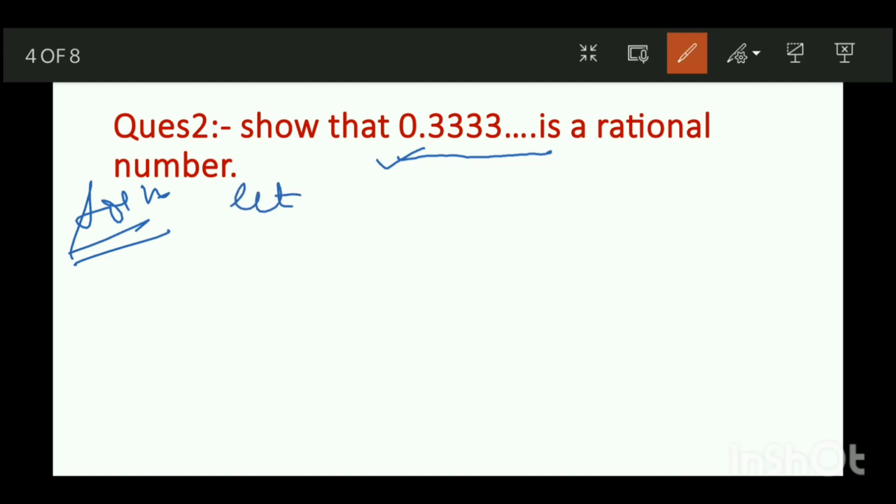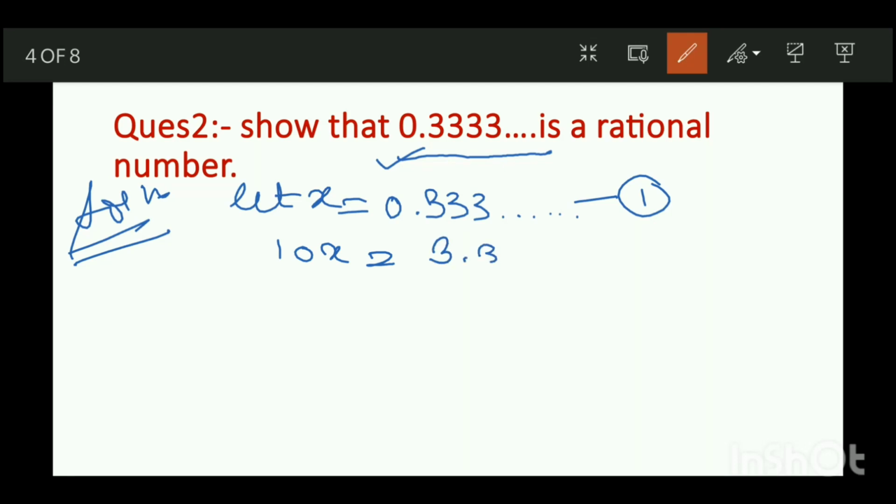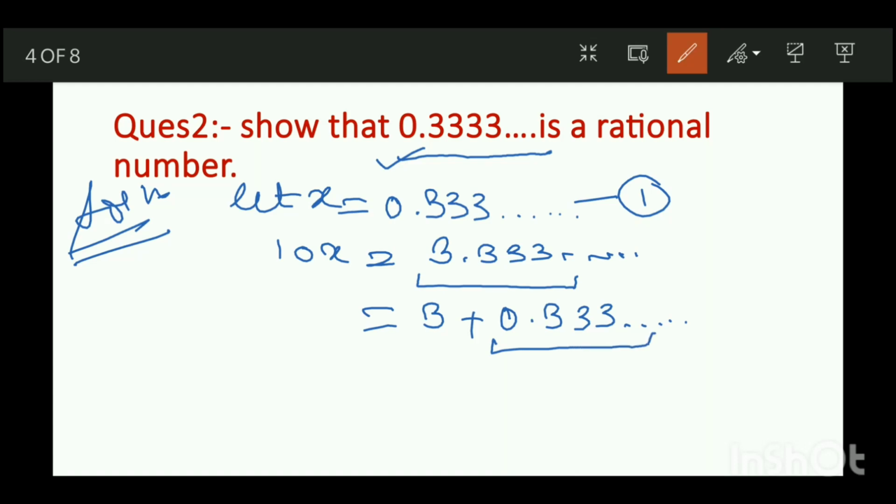Let x is equal to 0.333. This is our equation number 1. Since it has 1 digit repeating after the decimal, we multiply this equation by 10 and we get 10x is equal to 3.333 and so on. We can write this as 3 plus 0.333, and this is x.